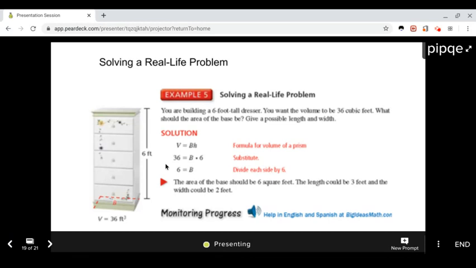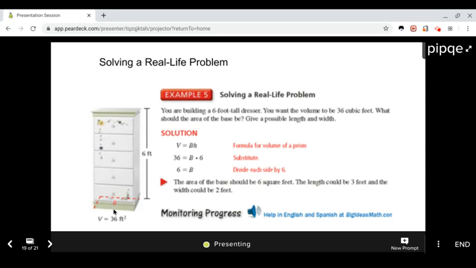Now I have to think of dimensions that when I multiply them, I get 6. So the length could be 3 and the width could be 2. That's actually the only one.